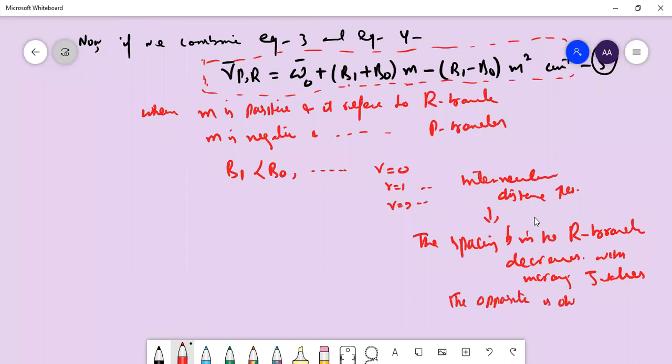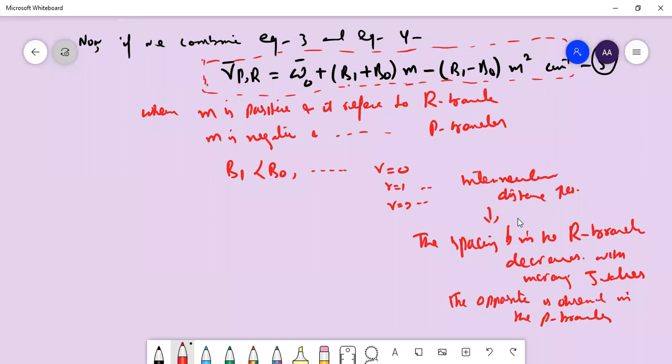It means the spacing between the P branches increases while the spacing between the R branches decreases. So this will give a distinctive shape to the spectrum.